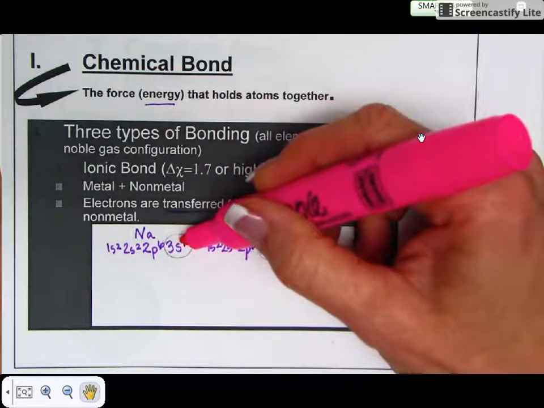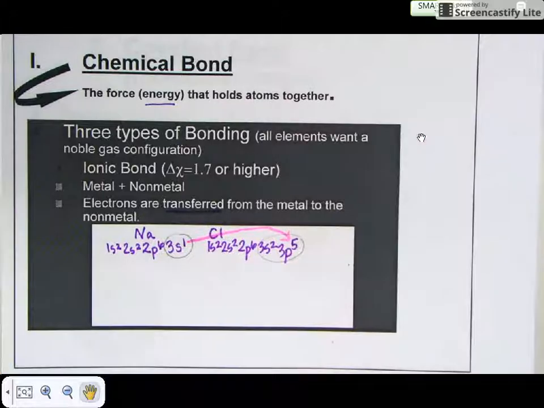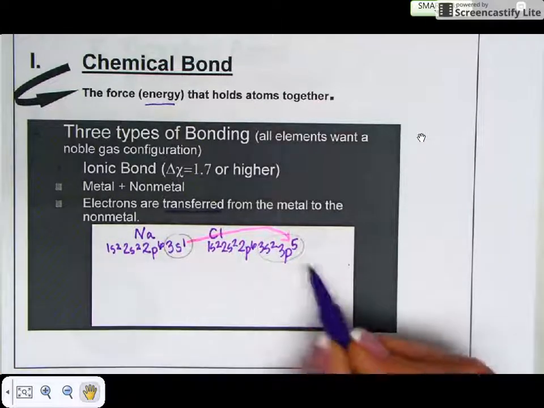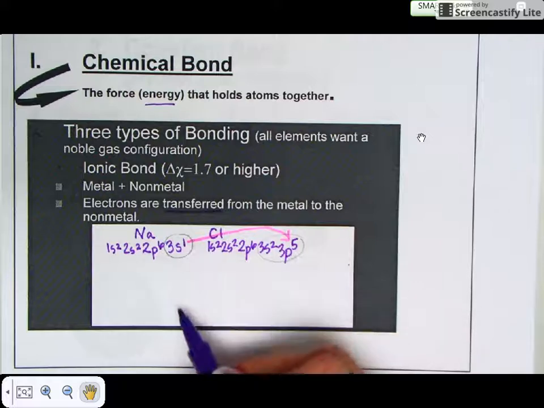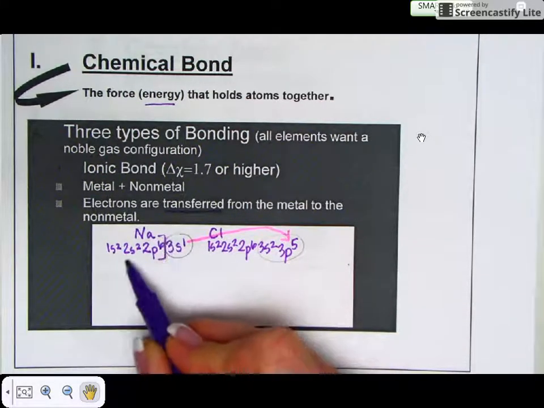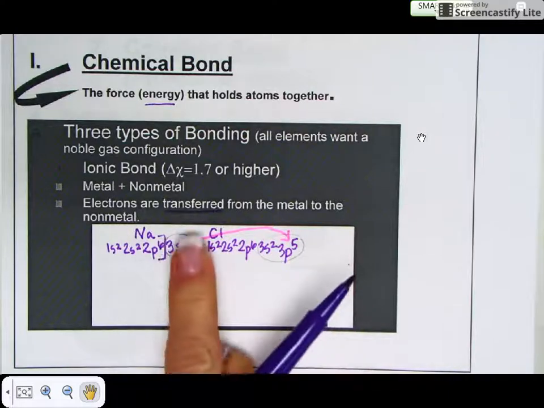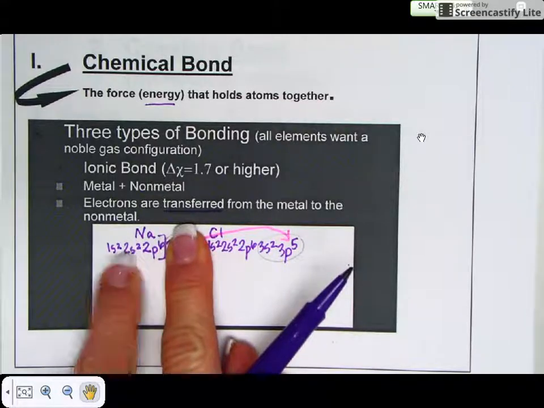If it were to give this one electron to the chlorine, that would give chlorine 6 in the p orbital. So if it transfers that one electron, that leaves behind 1s2, 2s2, 2p6. Notice that's a full valence shell.